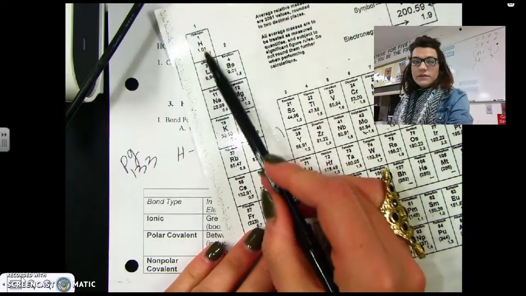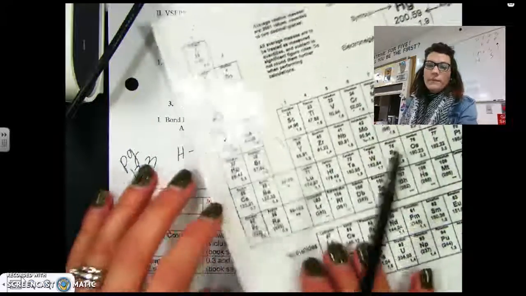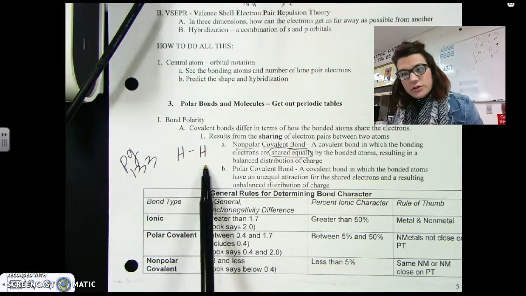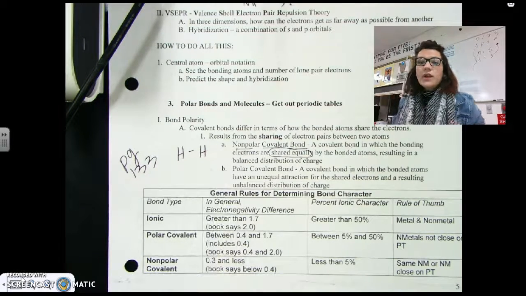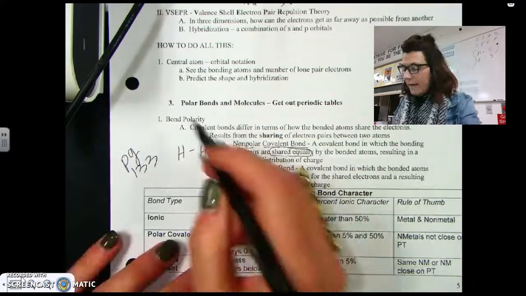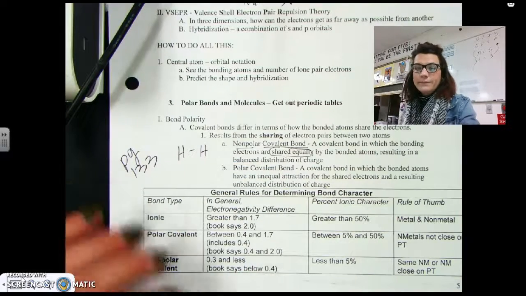So the electronegativities are down here in this corner. If this hydrogen wants the electrons 2.1 and this hydrogen wants the electrons 2.1, they're going to share the electrons in this bond equally, meaning that they're going to have an equal distribution of the electrons, okay?